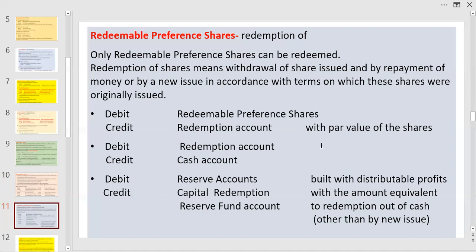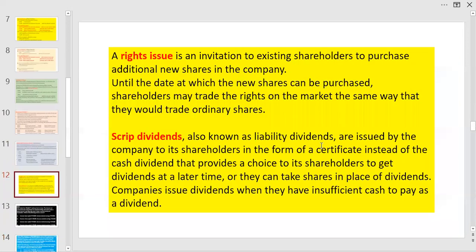The next, a rights issue, is a privilege given to the existing shareholders, and this is optional. The existing shareholders may use it themselves or renounce it in favor of another buyer of the shares. Issuing of shares will be the same as other issues of shares.